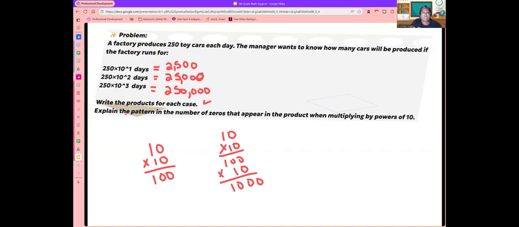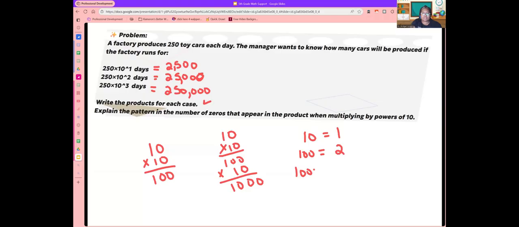So now let's explain the pattern in the number of zeros that appear in the product when multiplied by powers of 10, which we've already been talking about as we've been multiplying. Whenever you're multiplying by a power of 10, you add however many zeros are in that power of 10. So of course for 10, you would add 1 zero. For 100, you would add 2 zeros.